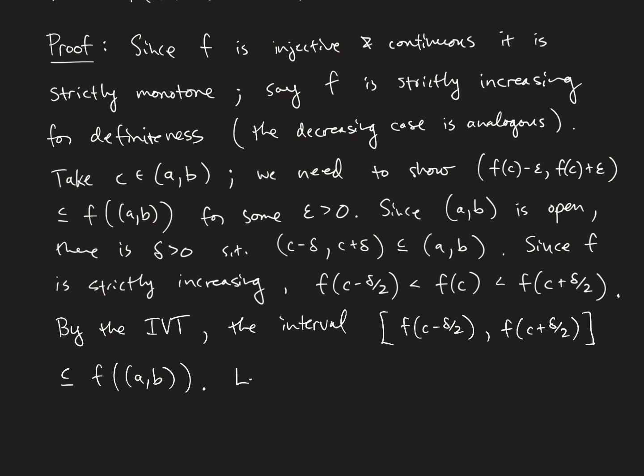So then we just letting epsilon equal the minimum of, we can just take f of c minus f of c minus delta over 2 and f of c plus delta over 2 minus f of c.